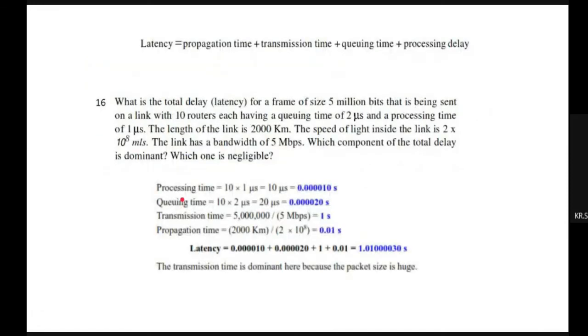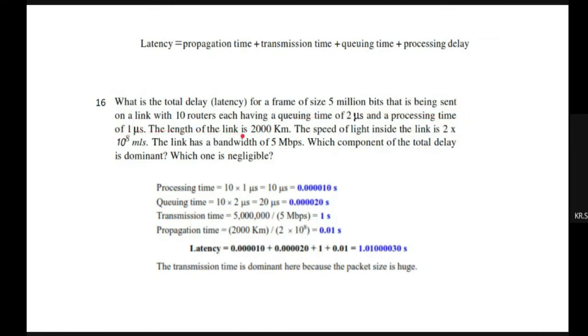Okay, so here is the formula to find the latency: propagation time plus transmission time plus queuing time plus processing delay. You can apply these values to find the latency. Here the frame is 5 million bits, being sent over a link with 10 routers, each with a queuing time of 2 microseconds and a processing time of 1 microsecond.